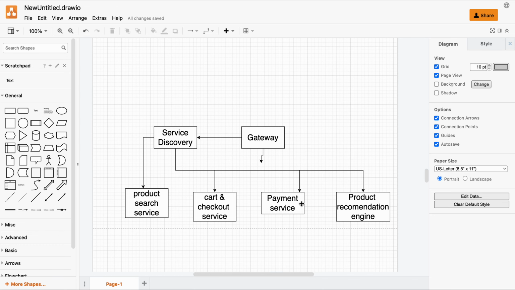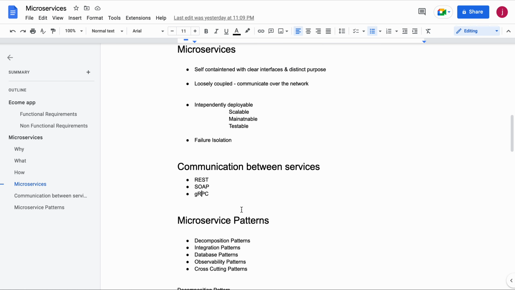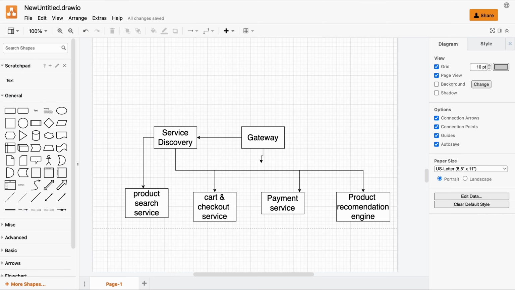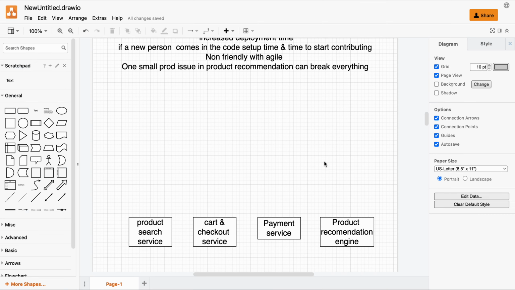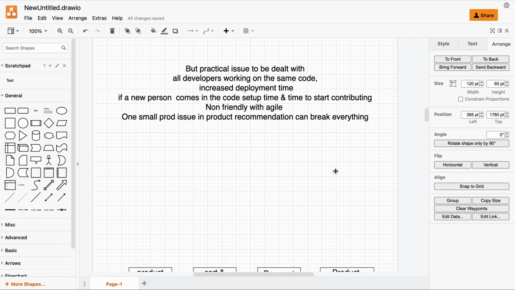There are many more actually. These are broadly classified into different groups. So I would say decomposition patterns is one category, integration patterns another one. Decomposition patterns deal with how you are going to decompose your existing monolith code into multiple microservices.